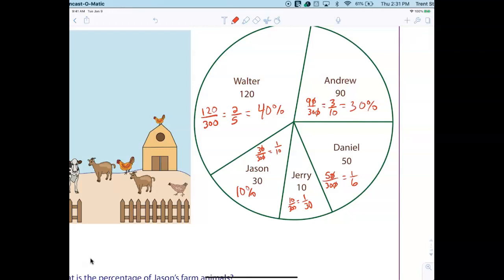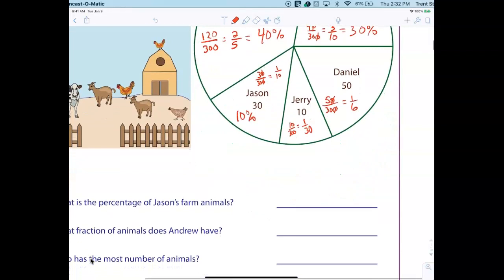What do you think? 1/3. Yes, but listen to me. There you go, that's brilliant. Now I'm going to try to show everybody else how you got that. Okay? So 1/30 is 3 1/3%. I want everyone in here to be able to do that.